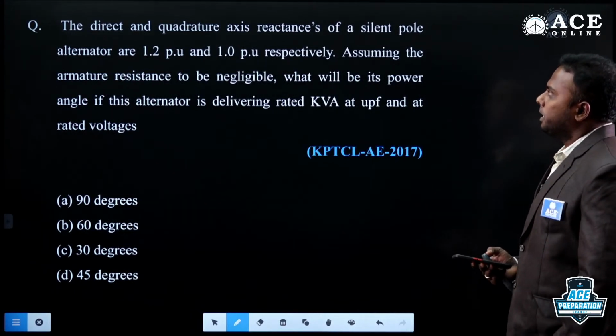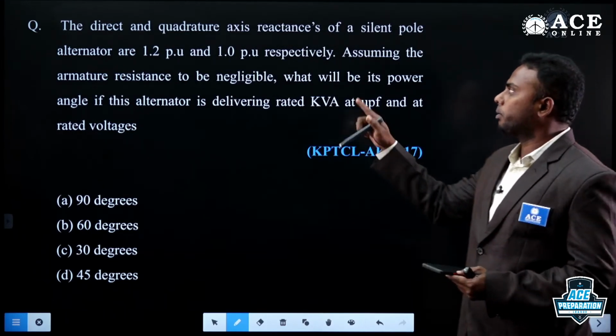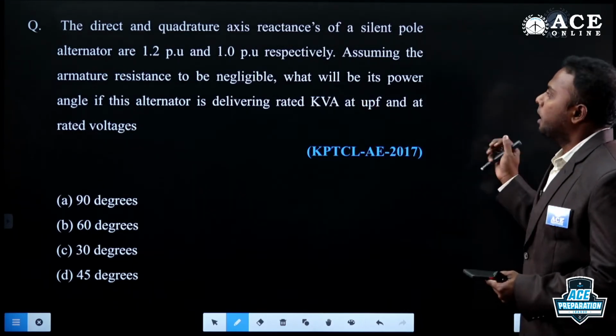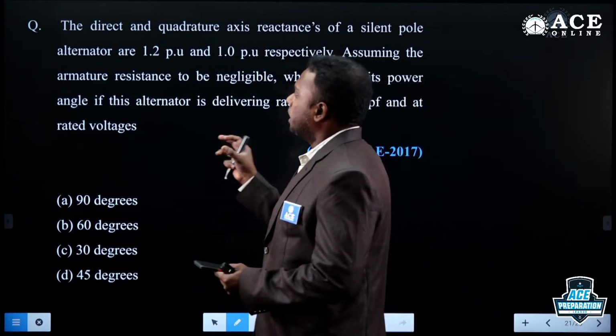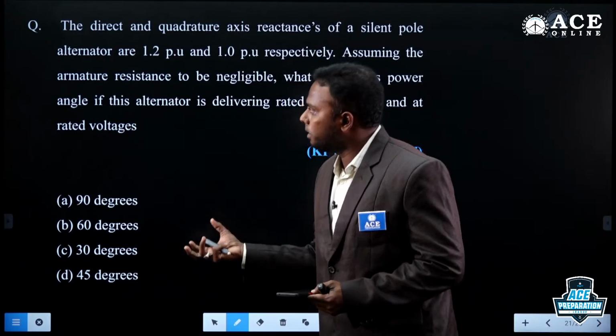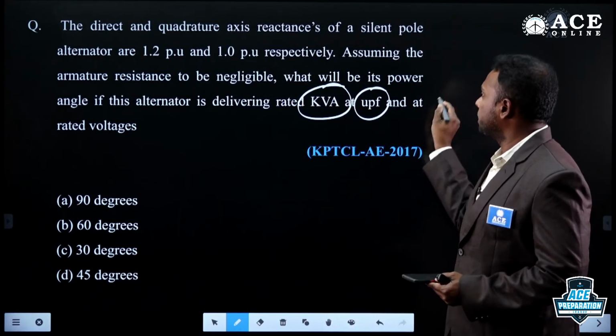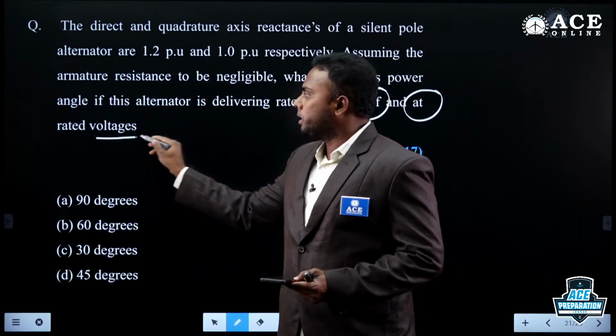The direct and quadrature axis reactances of a salient pole alternator are 1.2 and 1 per unit. Assuming the armature resistance to be negligible, what will be its power angle if this alternator is delivering rated kVA at unity power factor at rated voltage?